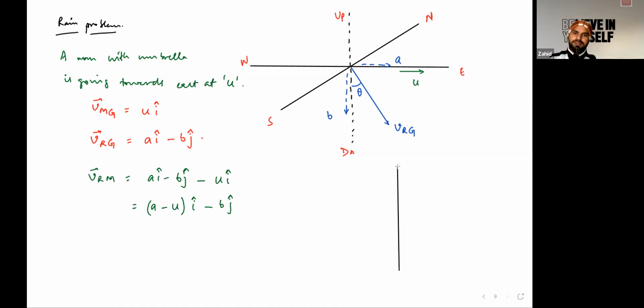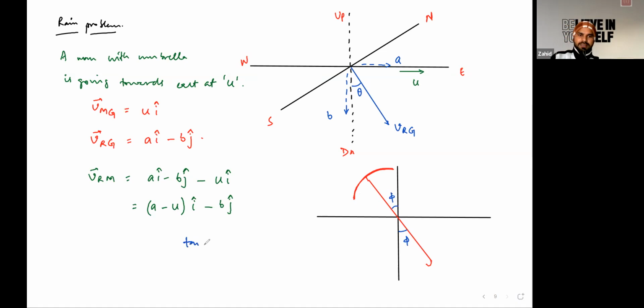So let's say this is the y-axis and this is the x-axis, or east-west direction. So the man should hold his umbrella in such a way, like this, so that this inclination will be phi and this inclination will be phi.